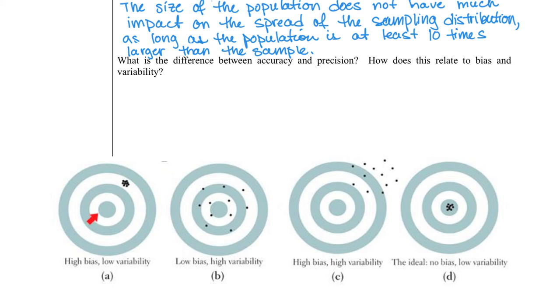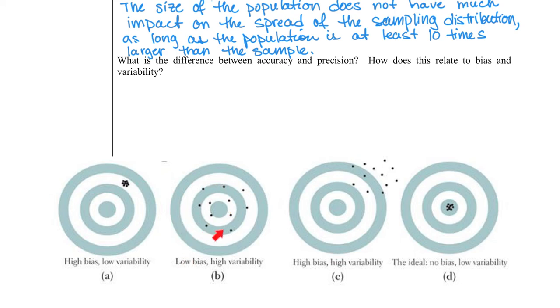However, it's not very accurate because we want to hit the bullseye. So this has a high bias in that it didn't hit the mark, but it's low variability. It's really, really tight. So this would be a distribution where there's hardly any variability, but it's not even close to our mean or our proportion of our actual population.